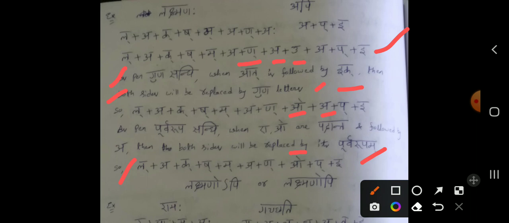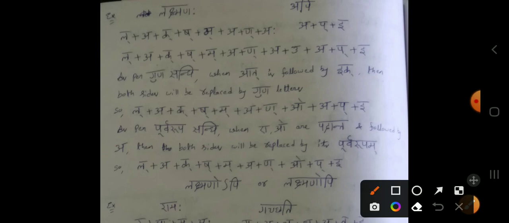So finally Lakshmanaha plus Api became Lakshmanopi. As per Purva Rupa Sandhi, we can write this in two forms. With the help of Avagraha, by separating this, we can write Lakshmano'pi like this, and we can also club everything together like this, Lakshmanopi. So we can write these two forms.